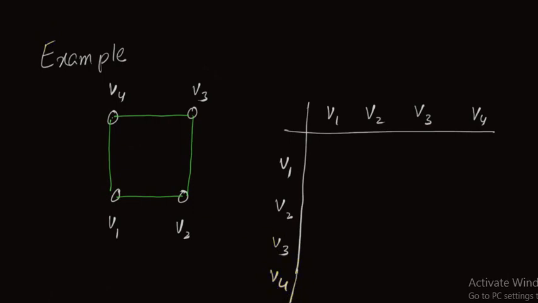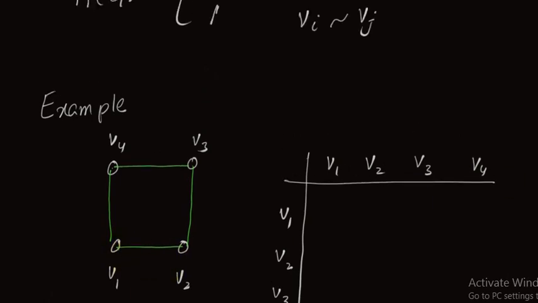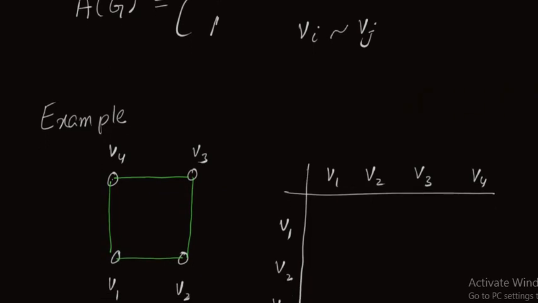Now remember, here we discuss the adjacency matrix of a simple graph. In a simple graph, there is no parallel edge. Also, in a simple graph, there is no loop.